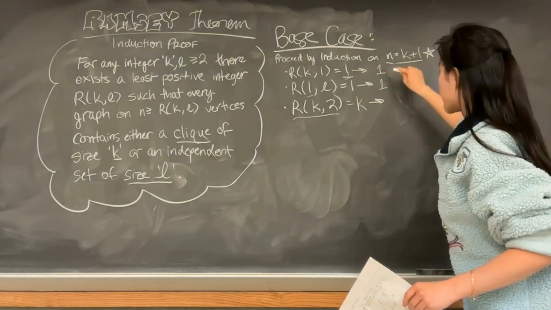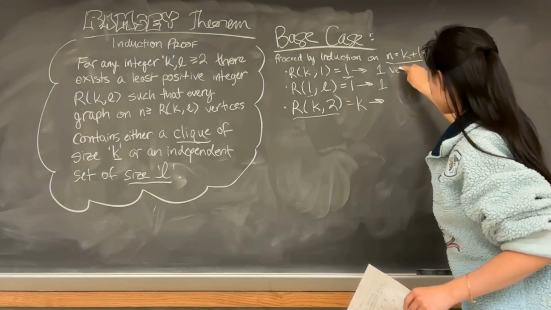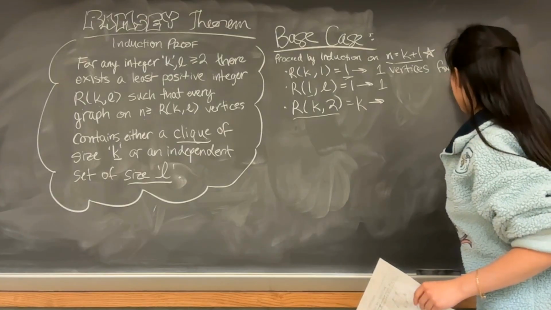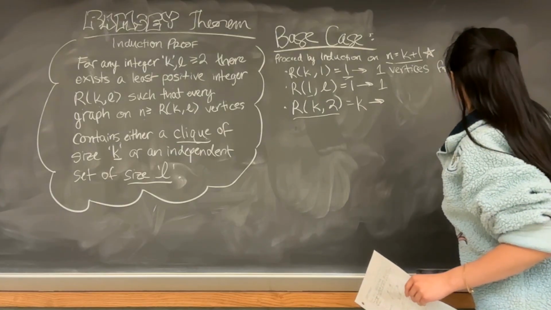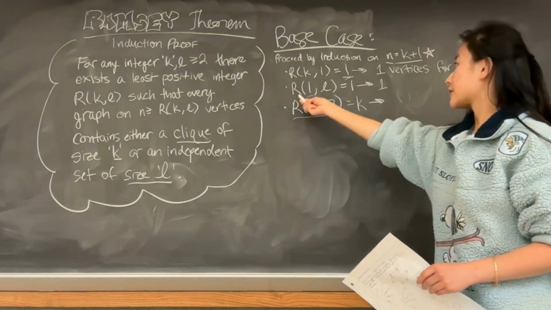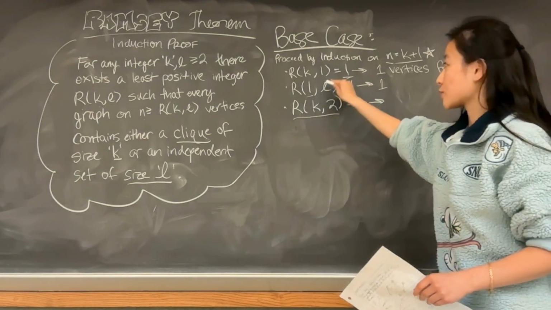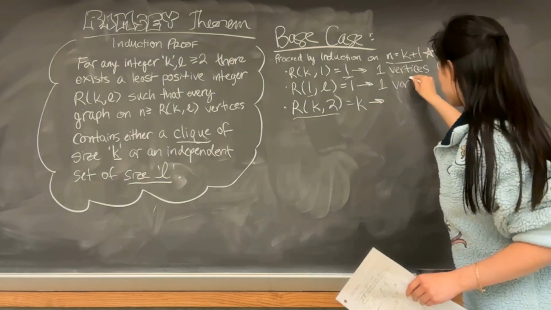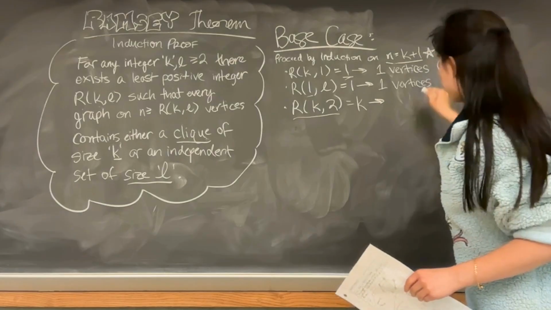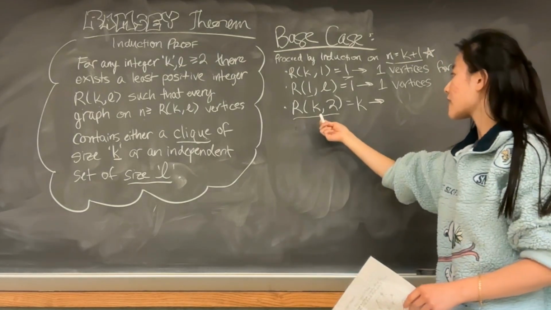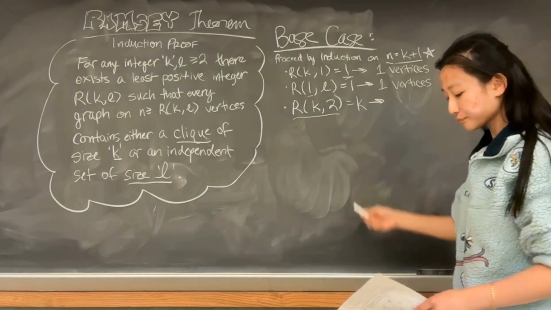One clique literally means one vertex. Similarly, for R(1,l), it's just switching places, so it will still be one vertex.